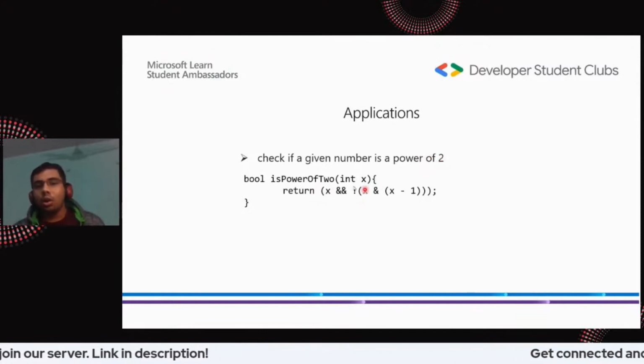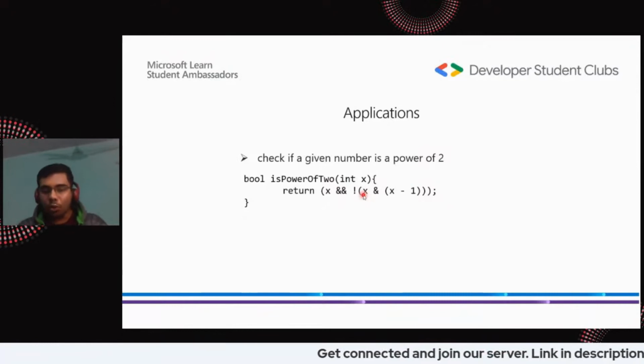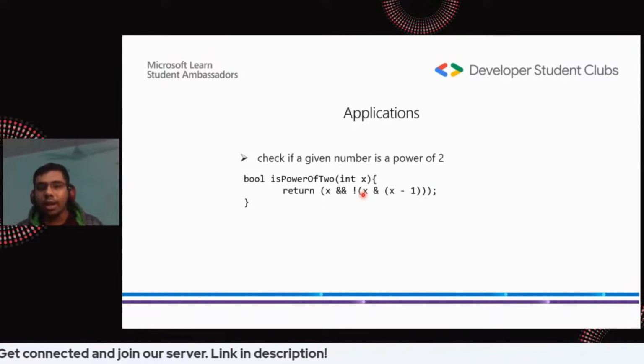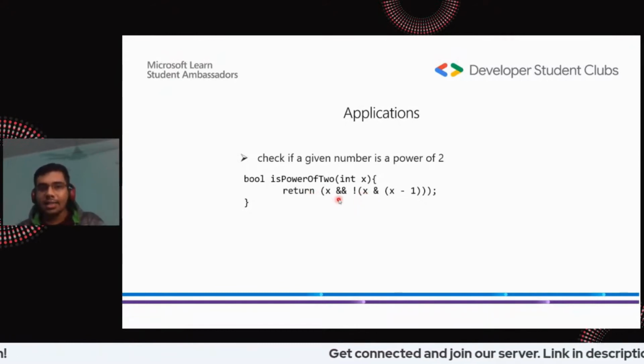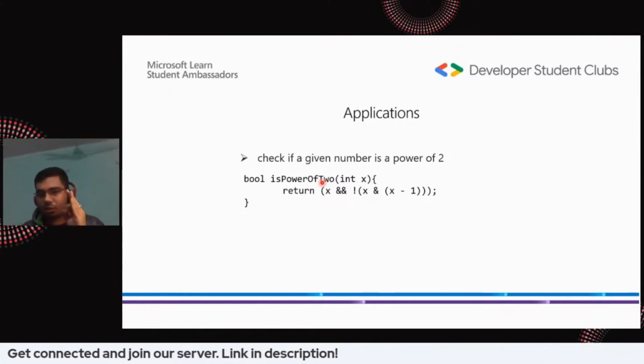So look, our result was 4, and 4 actually told us which power of 4 we are trying to do. I'll repeat again. The first x we have here is actually a check of x double equals 0.